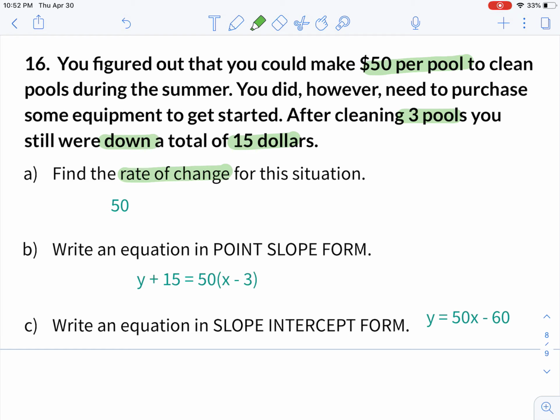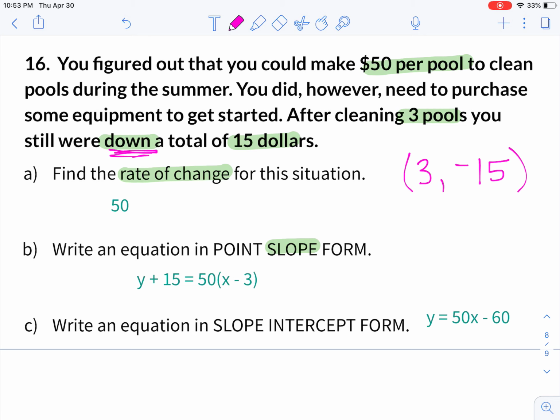Now, if I want to write an equation in point-slope form, it's easy for me to see what the slope was, but what is the point? The point was the fact that I can clean 3 pools, but look, I'm still going to be down $15. Well, down is a negative number, so I've got -15.